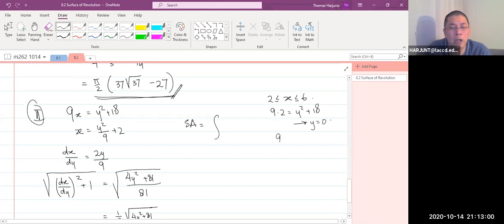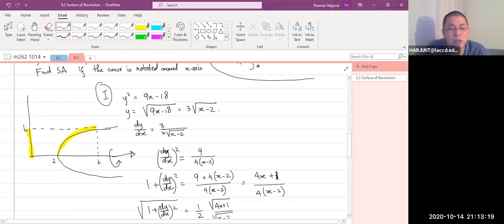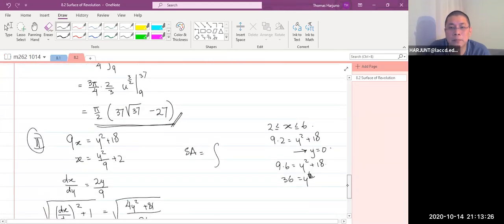When your x is 6, that's 54. Oh yeah, that's right. So y goes to 6. So my sketch here should go to 6. Okay, so y equals 6.